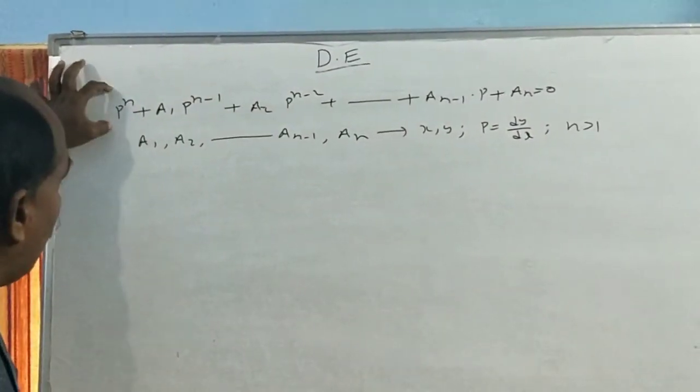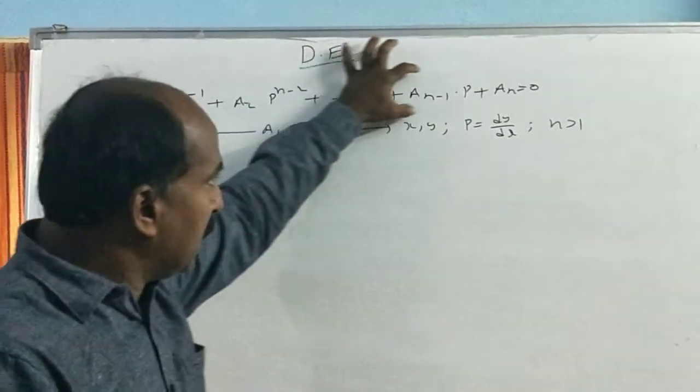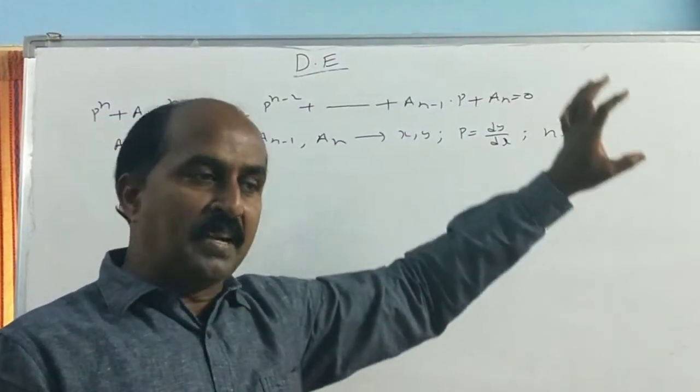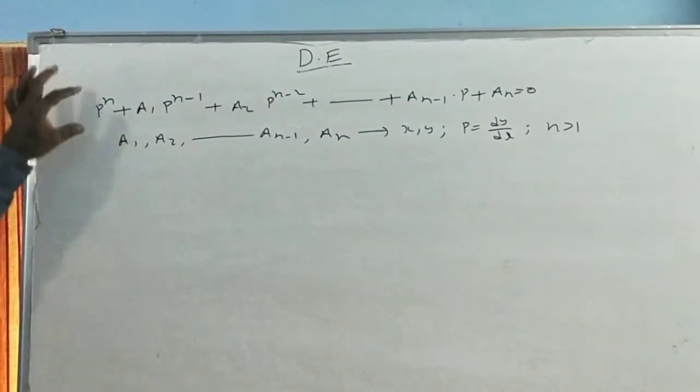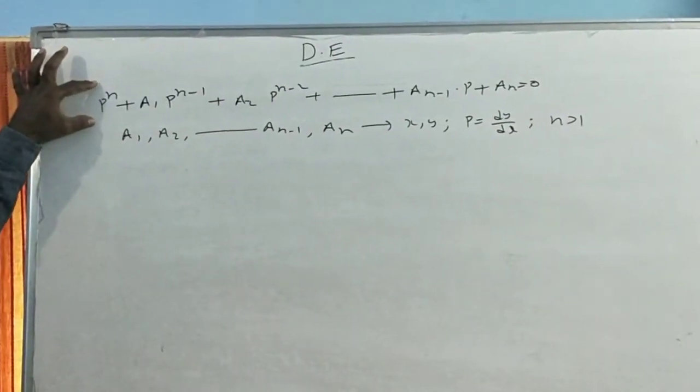So this nth degree polynomial has at most n linear factors in terms of p. Suppose this nth degree polynomial has n linear factors.